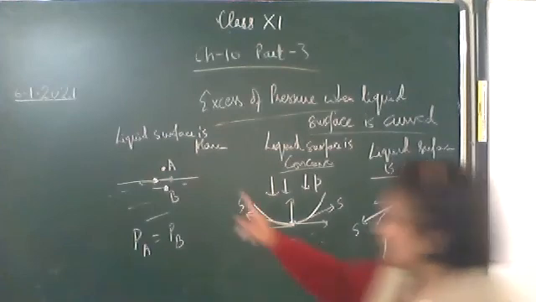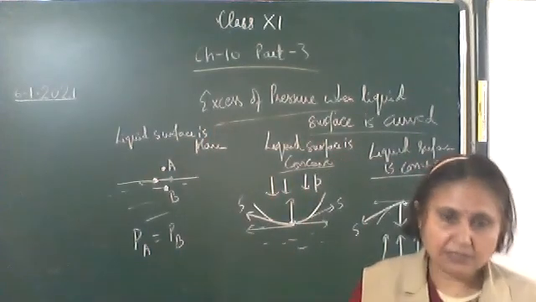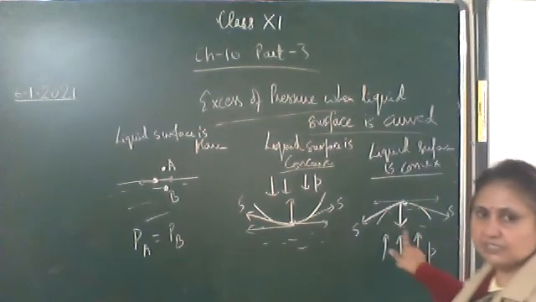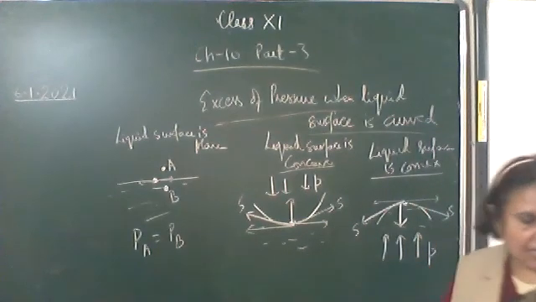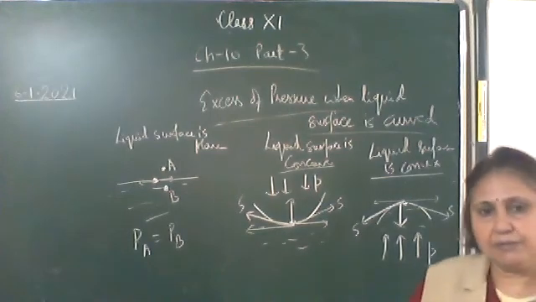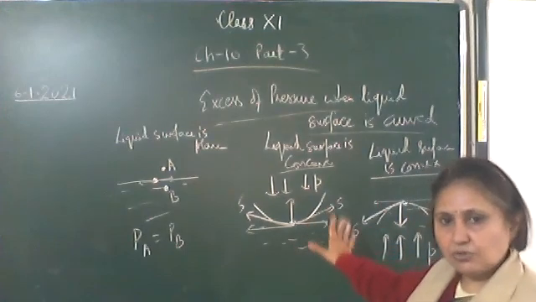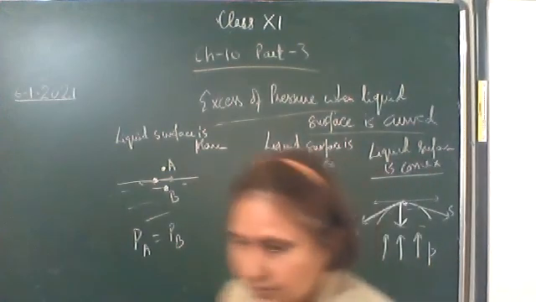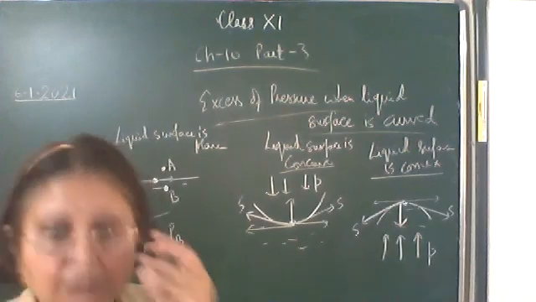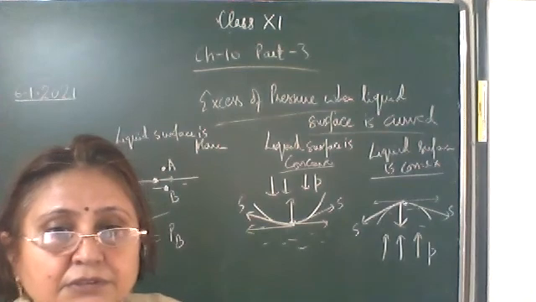Okay, liquid surface plane, no excess of pressure on either side. But if the liquid surface is curved, the excess of pressure acts towards the concave side. So only this much you have to remember. No explanation is required. So first draw the figure and then write one line about it.